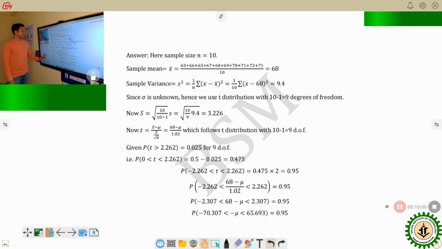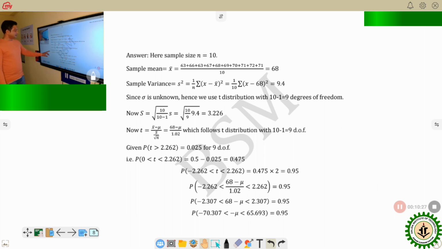So this value equals 6. Now t equals x bar minus mu. Whether you write t or z, the numerator is x bar minus mu, and the denominator changes. Previously it was sigma by root n; now it is S by root n if you are using capital S, or s by root of n minus 1. And obviously the degrees of freedom n minus 1 equals 9.